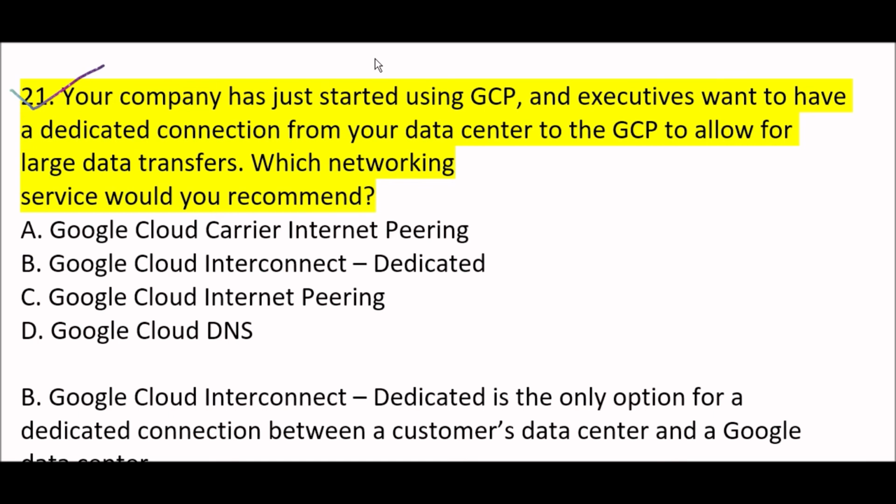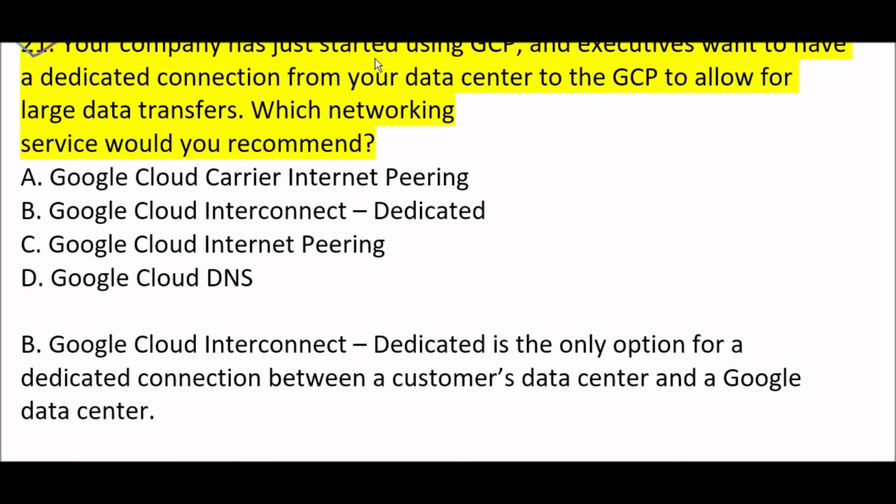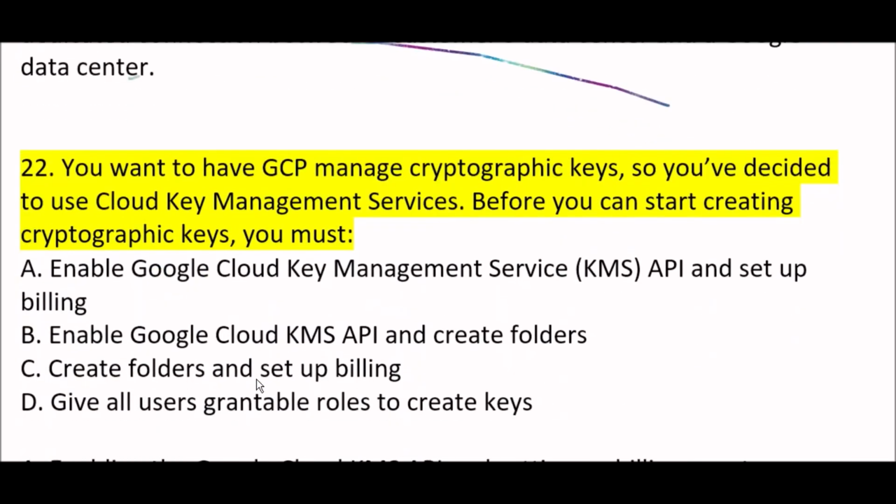Option D, Google Cloud DNS. Okay, DNS means domain name server, and right answer here is option B, Google Cloud Interconnect Dedicated. Okay, Google Cloud Interconnect Dedicated is the only option for a dedicated connection between a customer's data center and a Google data center. Okay, next question.